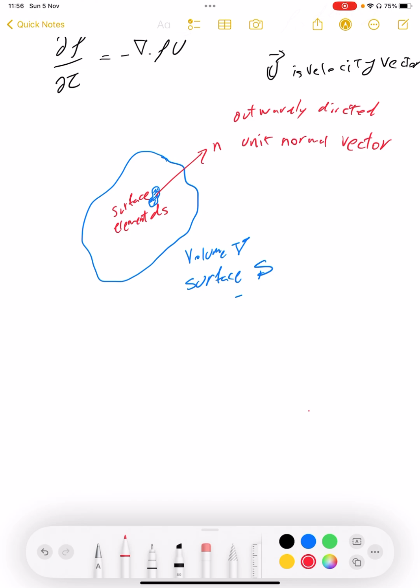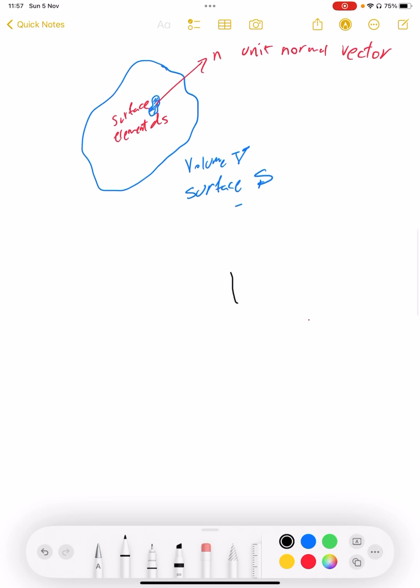So I want to know how much mass flux is coming through the surface dS inside my control volume. That would be literally your mass flux, which is rho u, multiplied by dS. But the issue is that the velocity is not necessarily perpendicular to the surface. So you need to use a dot product of that with a normal vector n.